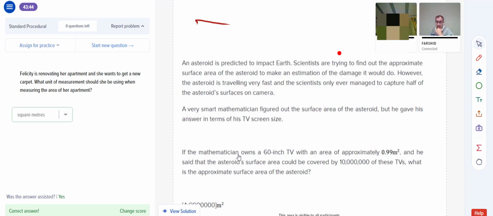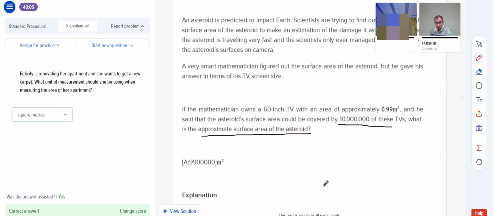A very smart mathematician figured out the surface area of the asteroid, but he gave his answer in terms of his TV screen size. If the mathematician owns a 60 inches TV with an area of approximately 0.99 square meter, and he said that the asteroid's surface area could be covered by 10 million of these TVs, what is the approximate surface area of the asteroid?